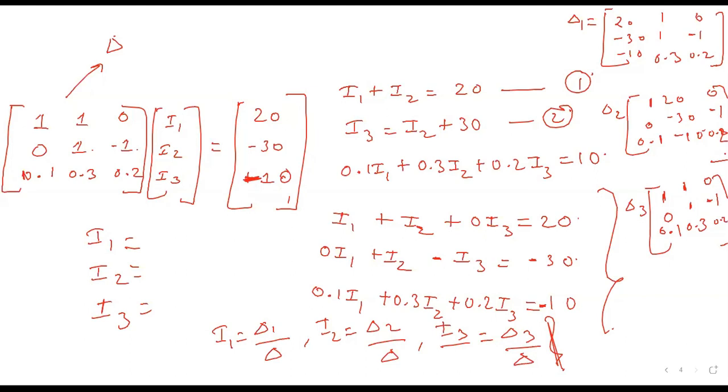So I'll show you one important thing here. Sir, del 3's third column is wrong, I guess. Okay, we'll just cross verify this for you.